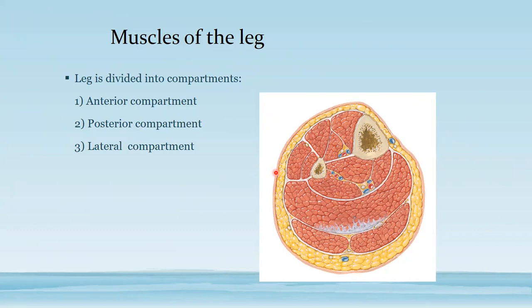If I ask you which compartment a muscle of the leg belongs to and you answer medial, you are totally wrong. The leg has only anterior, posterior, and lateral compartments, no medial compartment.